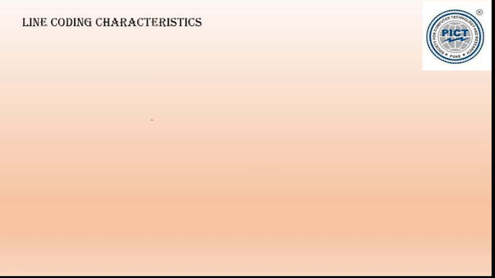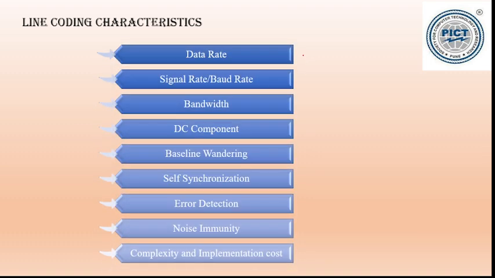Now, let's list out the line coding characteristics. So, first characteristic of the line coding is data rate. Second is signal rate or baud rate. Third is bandwidth. Fourth is DC component. Fifth is baseline wandering.